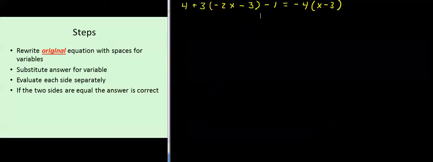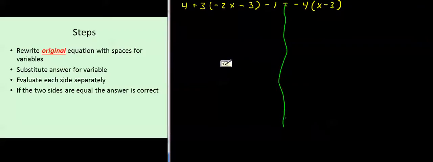First of all, we are going to be checking or evaluating both sides of this equation. We're going to be looking at both sides, so I'm going to put a line down the middle. And I'm going to rewrite my equation. 4 plus 3 times negative 2, but instead of x, I'm leaving a blank, minus 3.